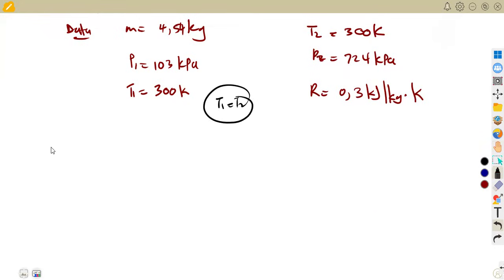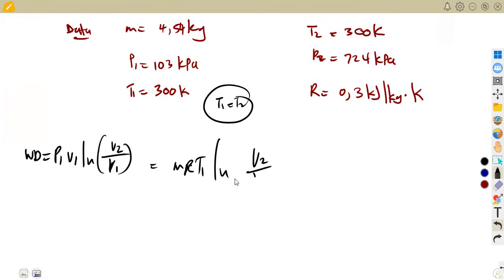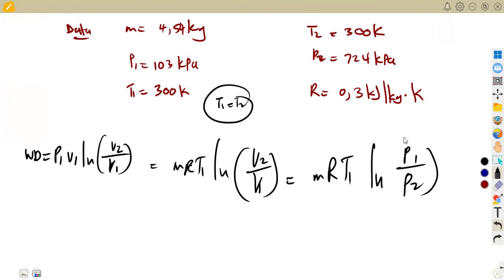We said work done, guys, we saw different formulas there. P1 V1 ln of V2 over V1, which is equal to m R T1 ln of V2 over V1, which is also equal to m R T1 ln of P1 over P2.